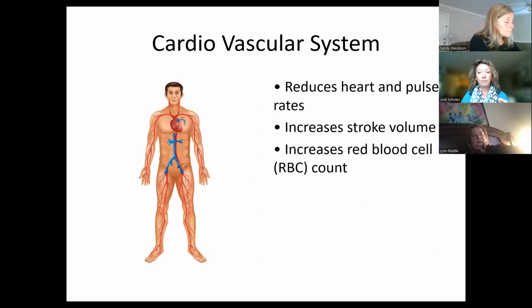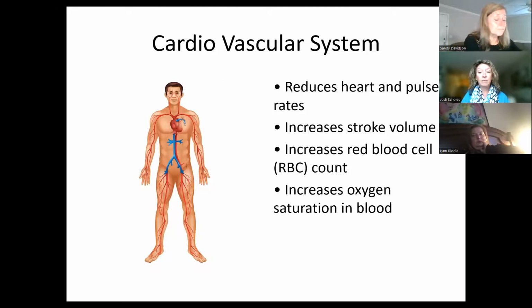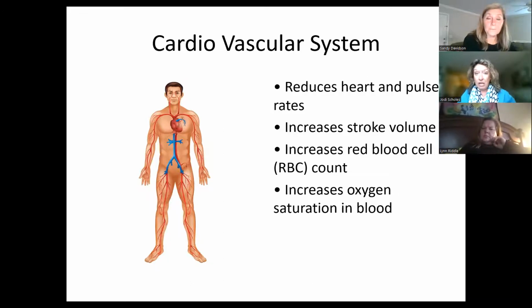And it increases that stroke volume, increases red blood cell counts over the body because it improves the circulation, increases oxygen saturation levels. Have you heard of oxygen saturation? What is a normal oxygen saturation level? Would be 99%.